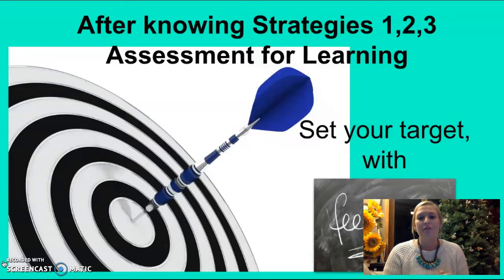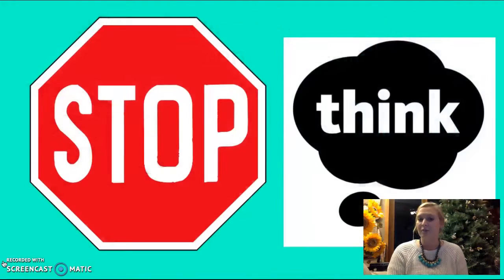setting goals. Before you can do strategy 4, you have to be able to do strategies 1, 2, and 3, which are assessment for learning, set clear learning targets for your students, give clear feedback, and model for students good and bad examples of their work.